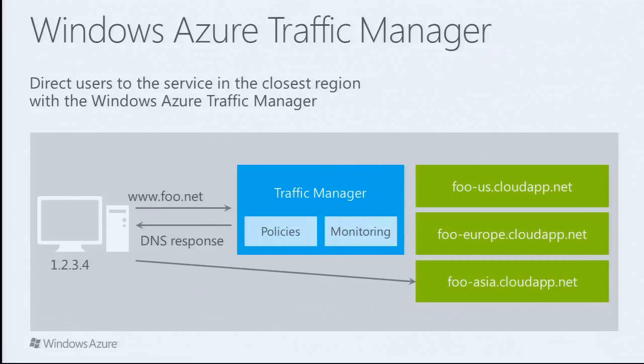And if they're not, so let's say we're polling foo Azure, and after a few tries we don't actually get a response from you, we're going to take that out of rotation. So we'll stop routing traffic to that data center. We'll keep monitoring it because when you bring your app back online, we'll actually automatically configure that back into the Traffic Manager.